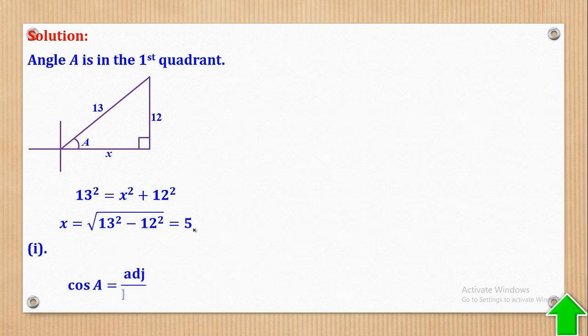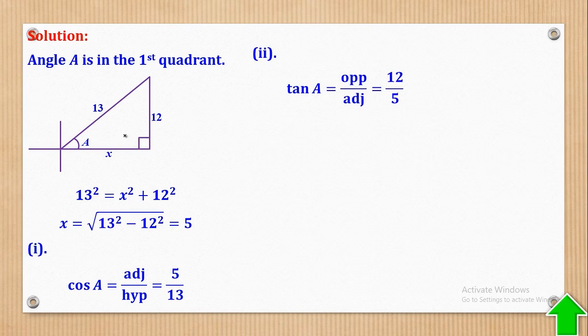The first one was on cos A. What you should remember is that in the first quadrant, all are positive. Therefore, cos is equal to adjacent over hypotenuse, where the adjacent is 5 and the hypotenuse is 13. That is why you see here 5 over 13. Then Roman 2, they wanted tan, so tan is opposite over adjacent, which will be 12 over 5.